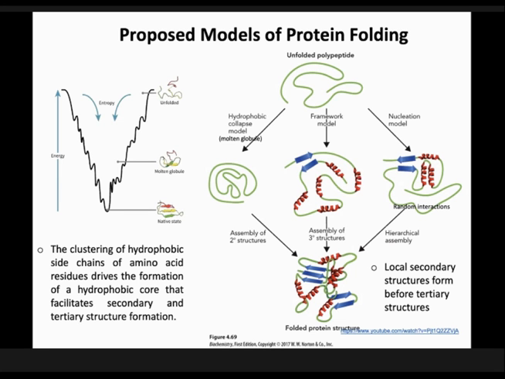The hydrophobic collapse model suggests that the hydrophobic amino acids fold first, and then the rest fold after that. The other suggests that proteins fold randomly, etc. But the important part is that the protein needs to have the correct folding.